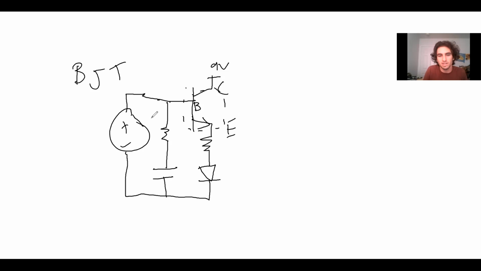What a BJT does is, based on how much current comes into the base, it amplifies that to determine how much current comes down here. So this should be IC. The amount of current that comes down here is some beta value times however much current comes here. So basically it's just going to amplify it.